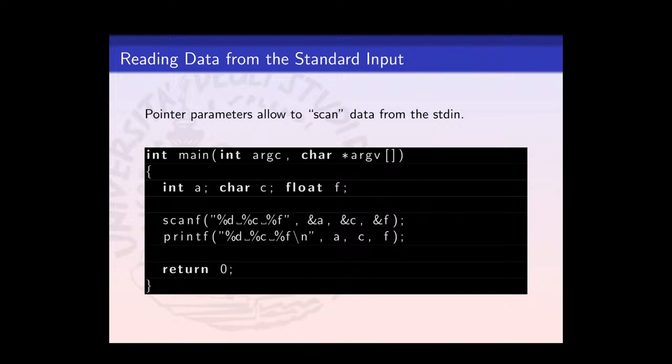And the content of these 3 values will be placed into the memory location associated to the variable a, the memory location associated to the variable c, and the memory location associated to the variable f. Okay? So is it clear why we are here using ampersand?